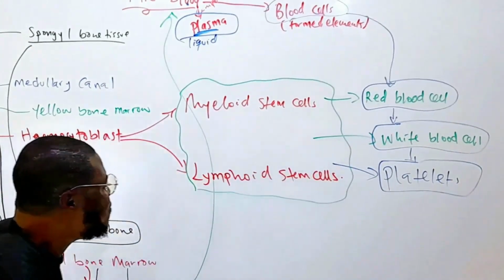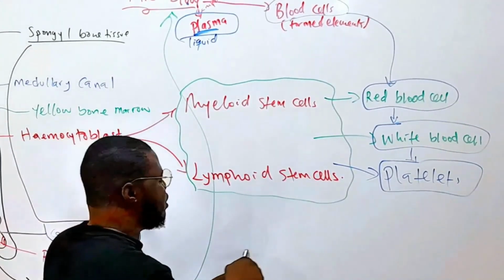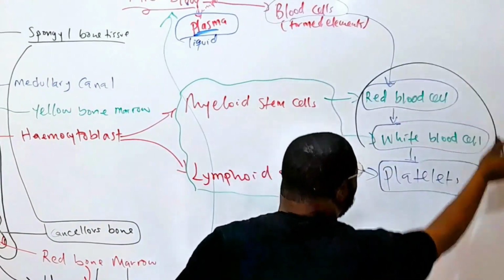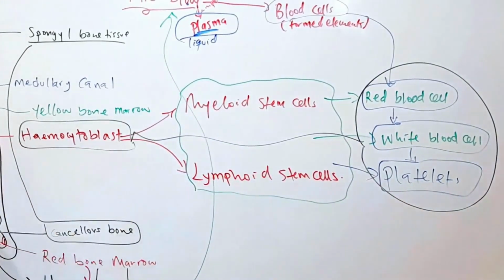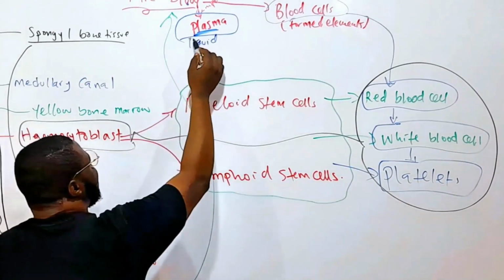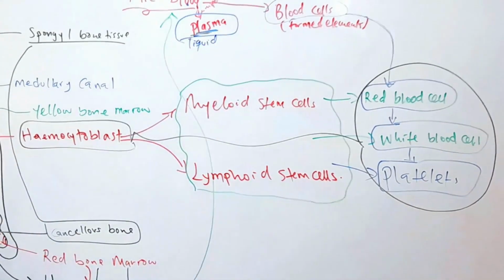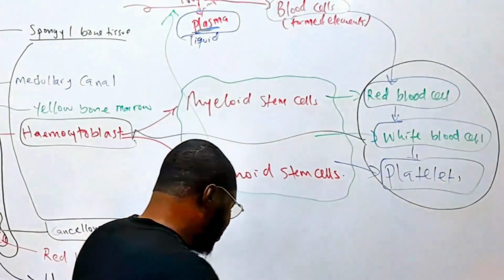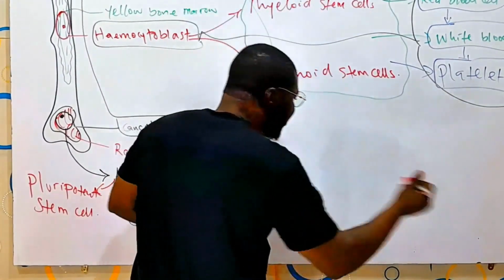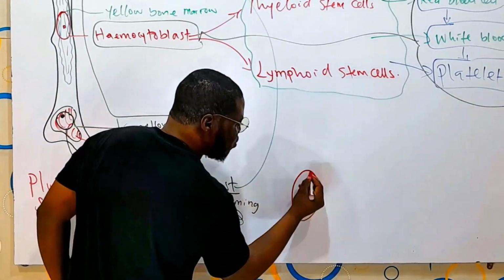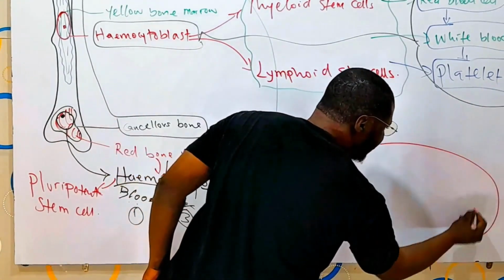Now, if these blood cells collectively are formed by this precursor called the hemocytoblast, the question is, what forms this liquid, this plasma then? Remember, in the body of a human, in our body, all this blood that we're talking about is running somewhere. And where it is running is actually called the blood vessels.